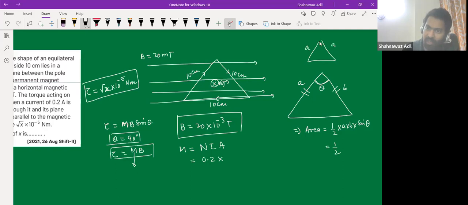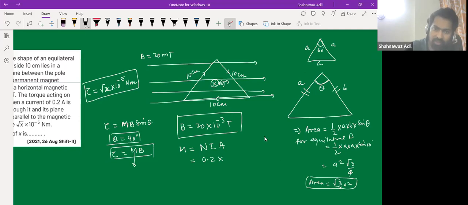A, and the angle is 60, right? Is that correct? Yes. So for an equilateral triangle, that would be A squared and sine of 60. A square sine 60 is root 3 by 2, and then this 2, so 4. So this is root 3 by 4 A square. That is the area of an equilateral triangle.